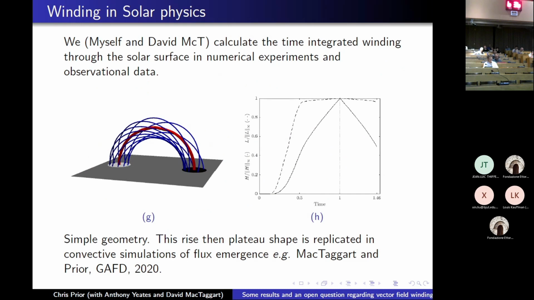So David and I have been using this quite a lot over the past few years in trying to measure the inputted topology of magnetic fields in the solar corona. The solar corona is the lower atmosphere of the sun. And we can't see the magnetic field in the sun, except at the photosphere, basically at the point where we pass from the interior to the exterior of the sun.